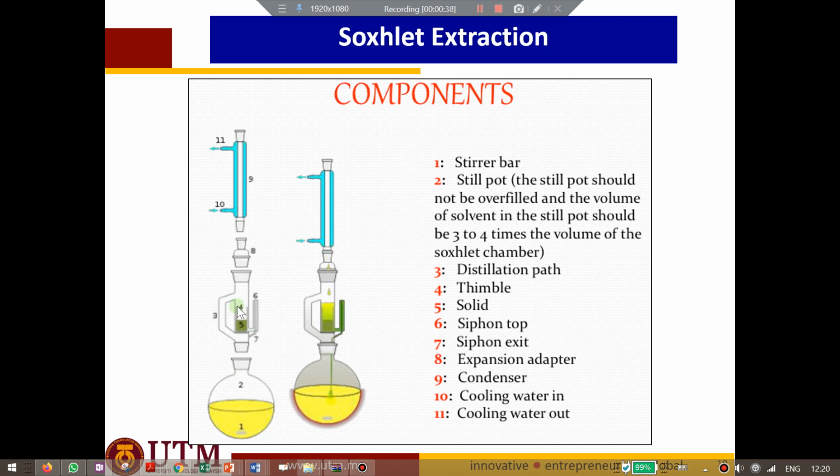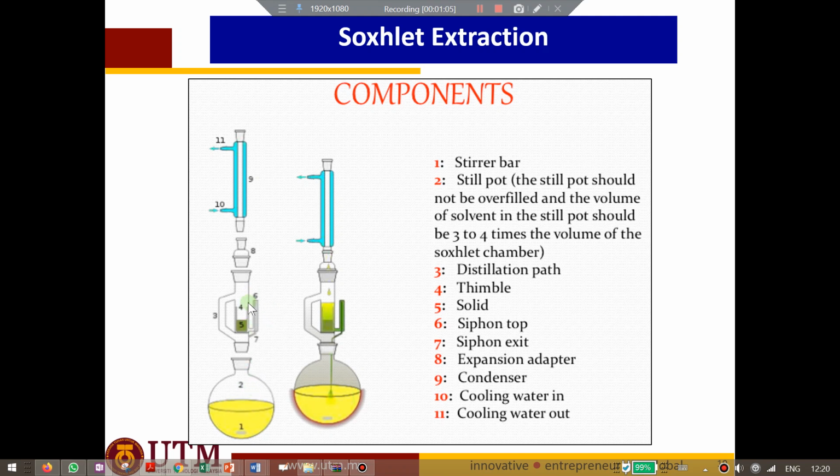Number 4 is the thimble, the place where you put your solid sample. Number 5 is the solid sample. Number 6 is the siphon, where when the evaporated solvent goes back into liquid, it will go back into your solvent over here.